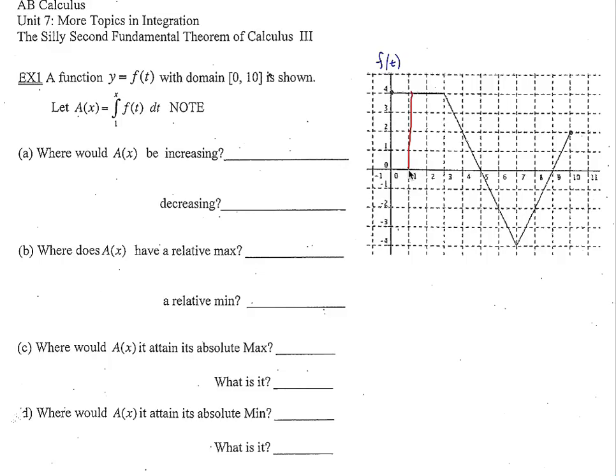When we're going from a lower bound of 1 to an upper bound of 2, it's these 4 squares, which is why A of 2 is 4. A of 3 is going to be these 8 squares in here. Going from 1 to 4, we're adding on 1, 2, and then this is a third square. So A of 4 is going to be 3 more than we had previously, which gets us to 11.